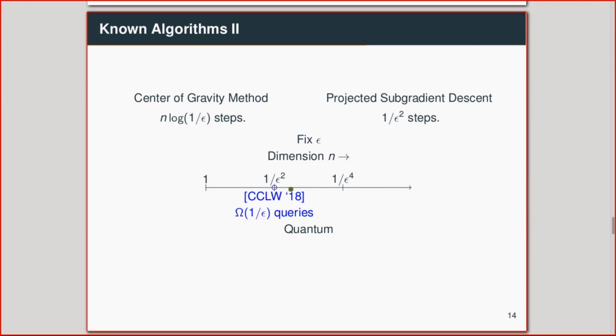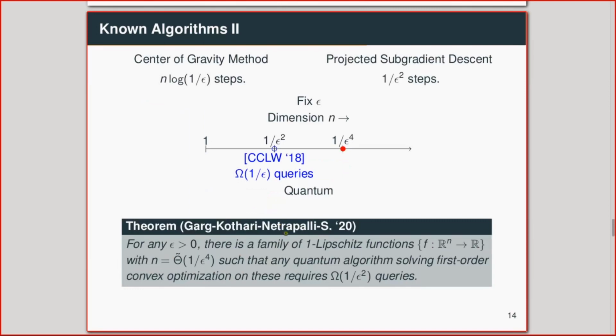So this means that perhaps quantum can actually solve the task of convex optimization with 1 by epsilon queries, but there's no dimension independent algorithm that does better than 1 by epsilon queries. And our main contribution in our paper was to show that, in fact, it needs 1 by epsilon squared queries. There is a family of functions for which it actually requires 1 by epsilon squared queries.